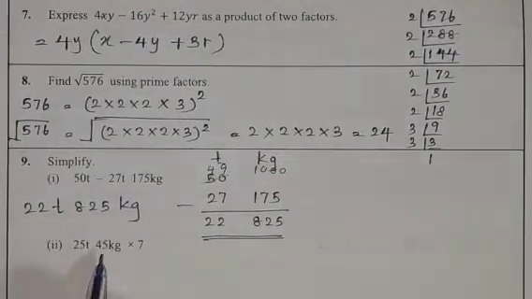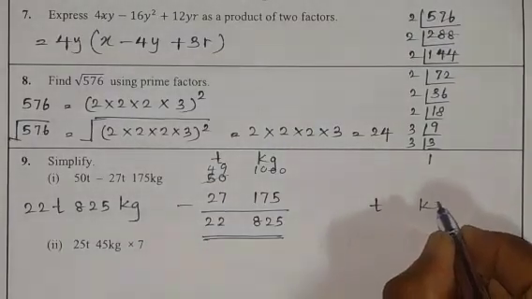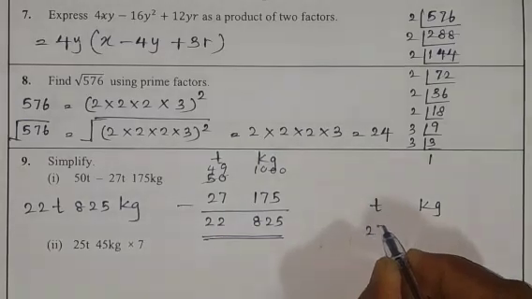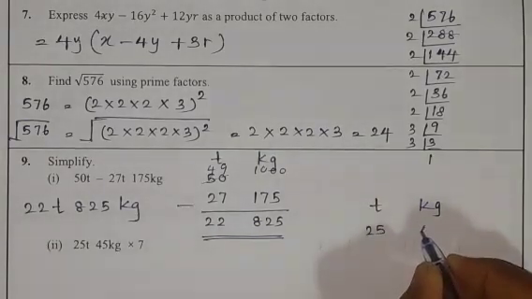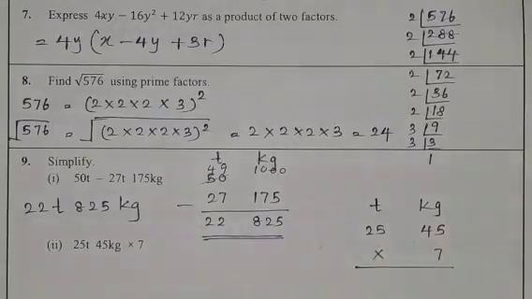Then second one, 25 tons, 45 kilograms multiplied by 7. Let's write here. 25 tons, 45 kilograms multiplying by 7. 7 times 5, 35. 3 is remaining. 7 times 4, 28. 28 plus 3 is 31.